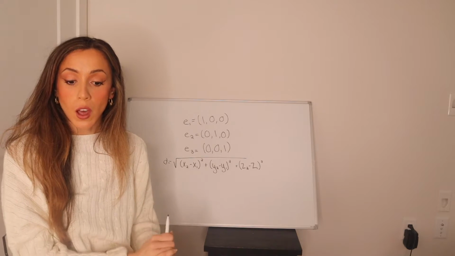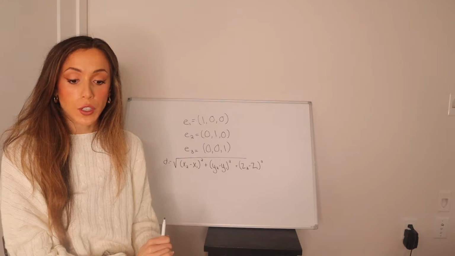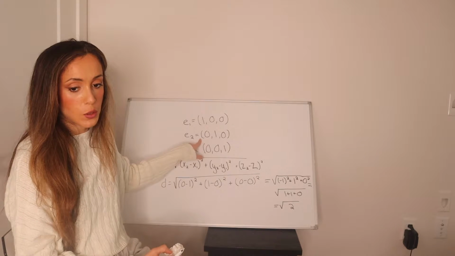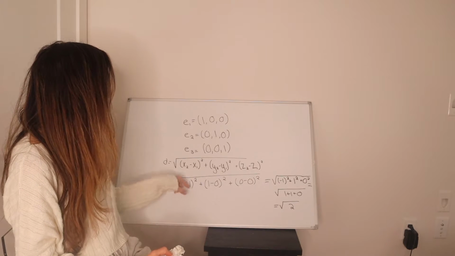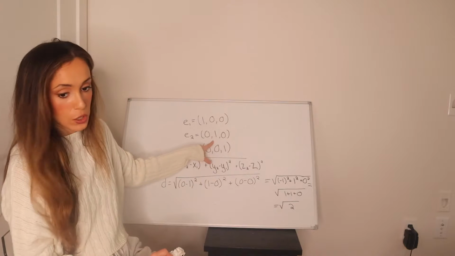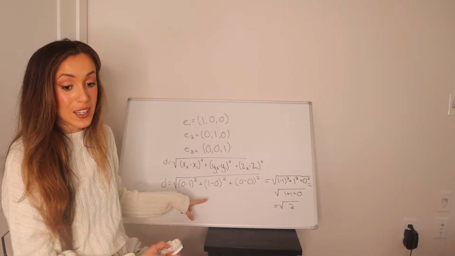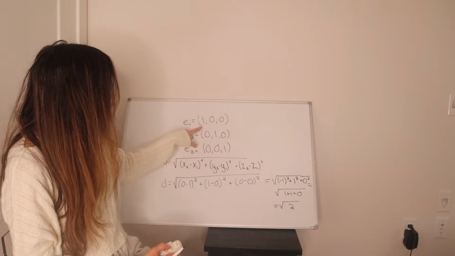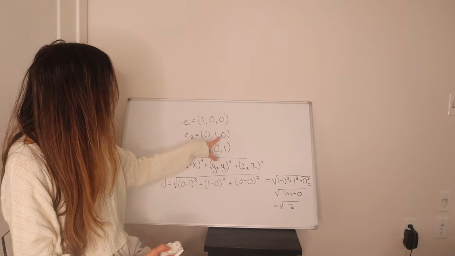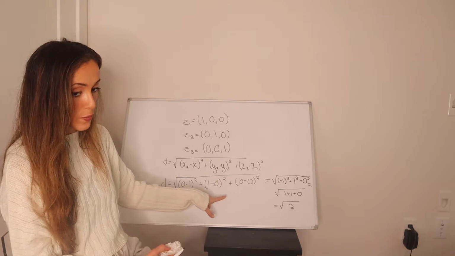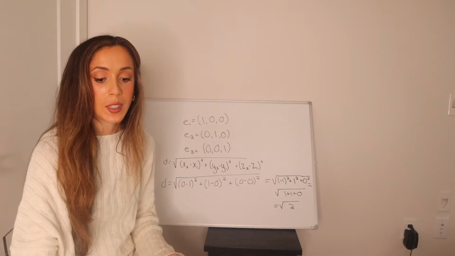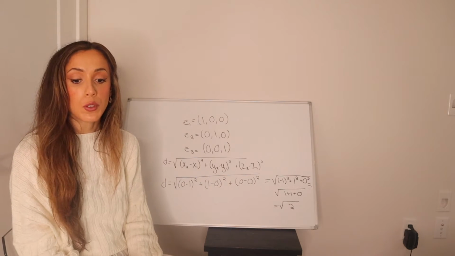I'm not going to do all three, but let's plug in values for the first two sets of coordinates. 0 came from the first number in E2, 1 came from the first number in E1, 1 came from the second number in E2, 0 came from the second number in E1, and 0 came from the third number in E2, 0 came from the third number in E1. So the distance is root 2.